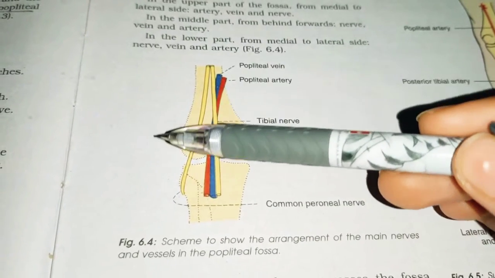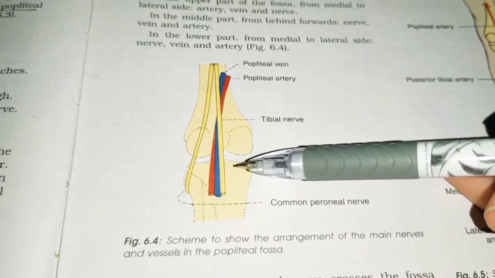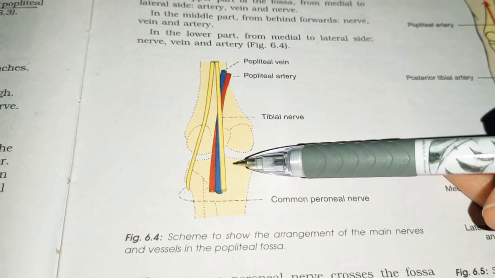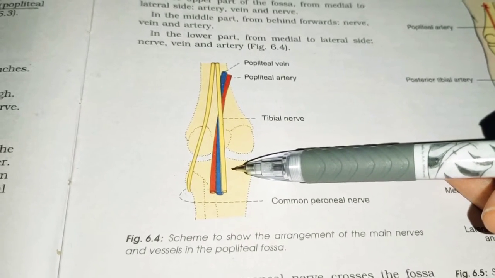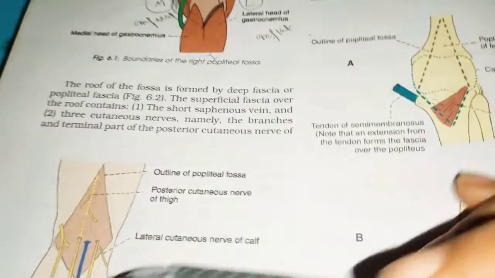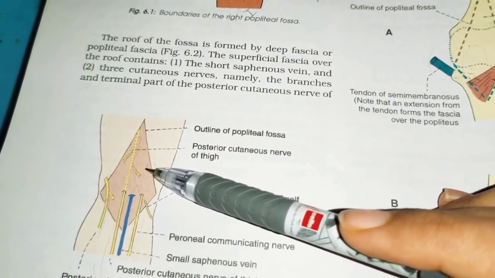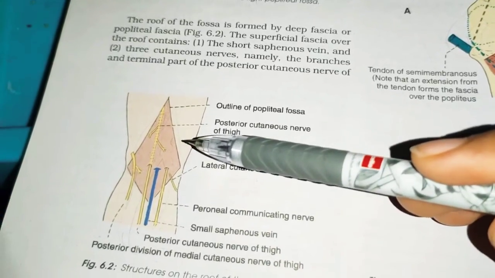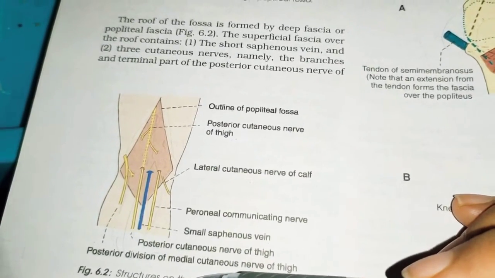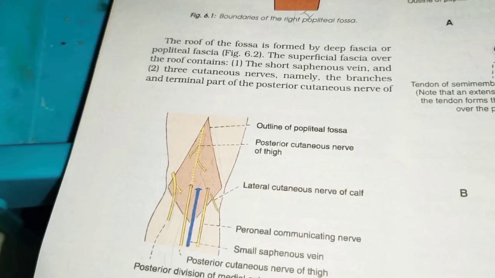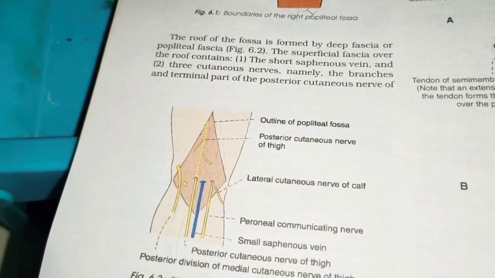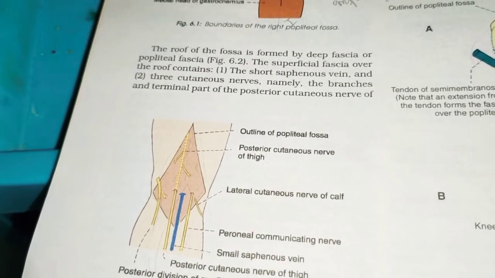The fossa also contains the posterior cutaneous nerve of thigh, which you can see here. You have the genicular branch of obturator nerve. You also have popliteal lymph nodes, and you'll also have fat.